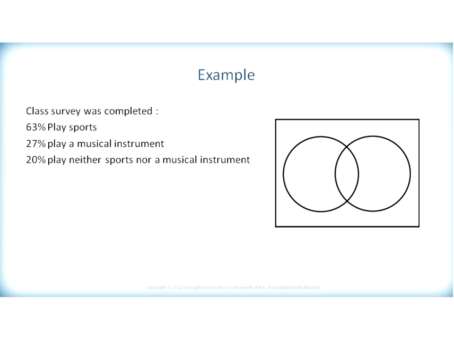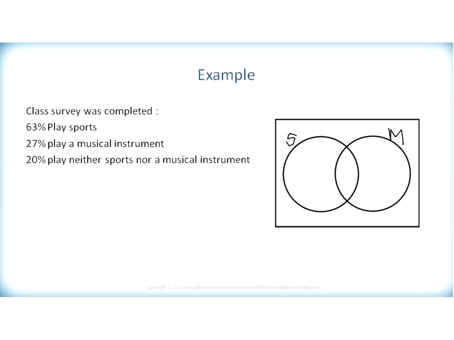Let's look at an example. A class survey was completed. 63% play sports, 27% play a musical instrument, and 20% play neither sports nor a musical instrument. So we have sports and a musical instrument.